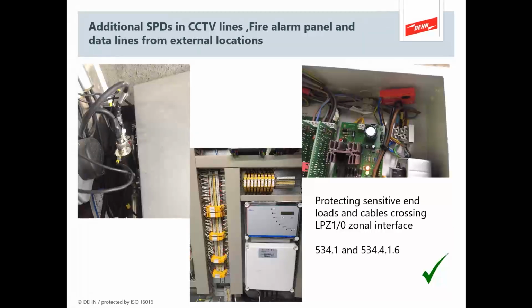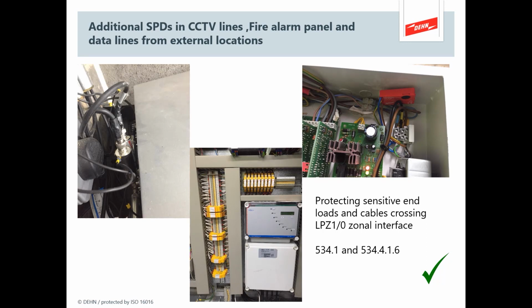And then in other parts of the installation, I may have CCTV, and here we can see the rack equipment, and I can see a row of BNC video SPDs, and the earth is taken to an earth bonding point just out of shot. I can see a control cabinet, and I can see that there are additional yellow SPDs from other external control locations.